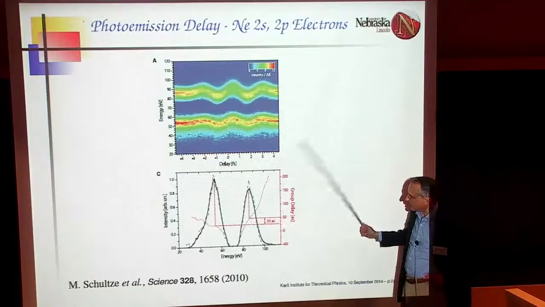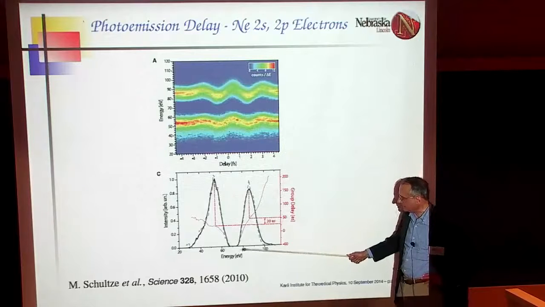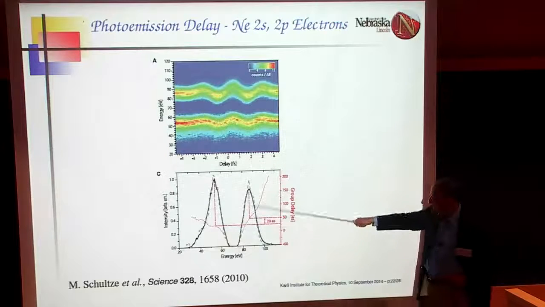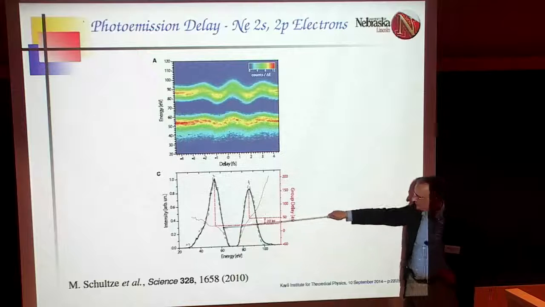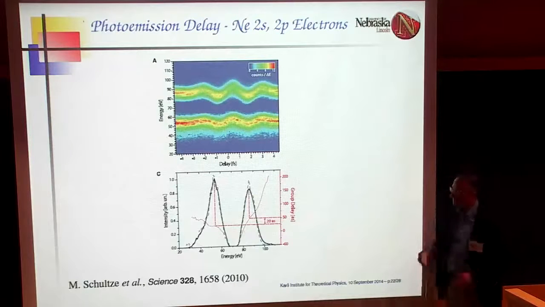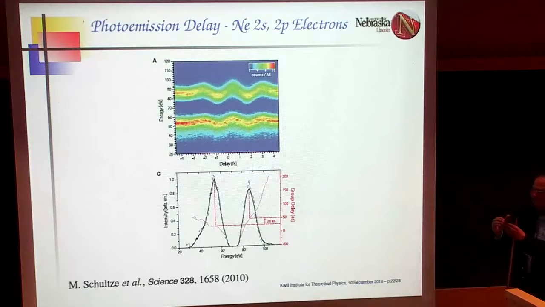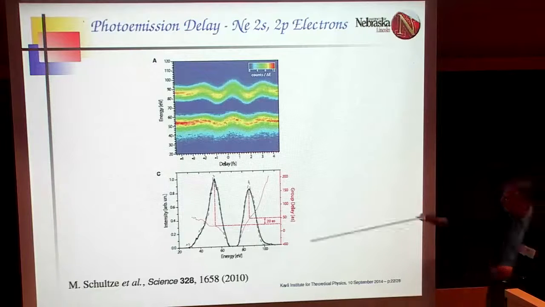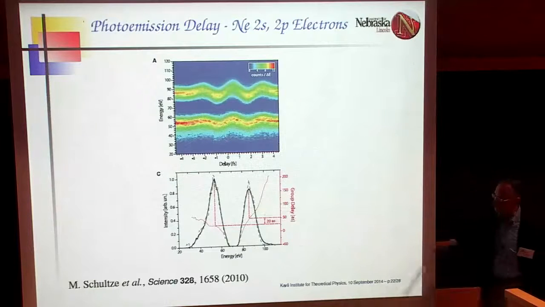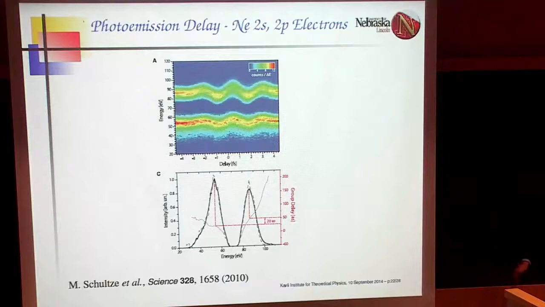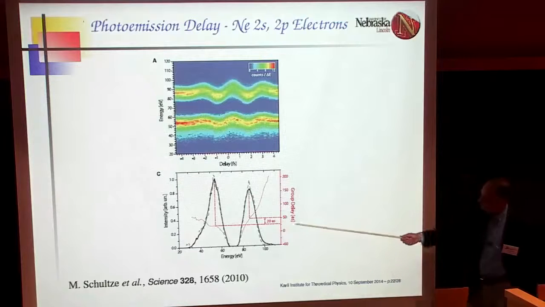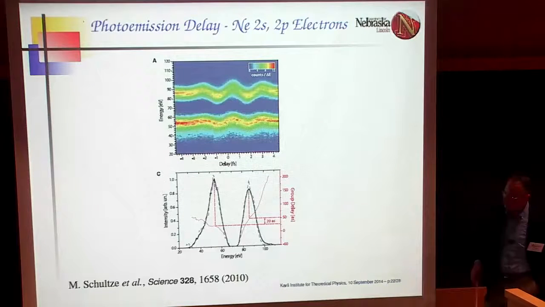The 2p are outer, they have lower binding energy, so they have higher energy. But these electrons appear 20 attoseconds after the inner shell electrons. So here the 2s electrons are appearing 20 attoseconds before the outermost electrons are appearing. And theory has still not been able to explain this. The best theorists have been able to do is come up with a 10 attosecond difference.